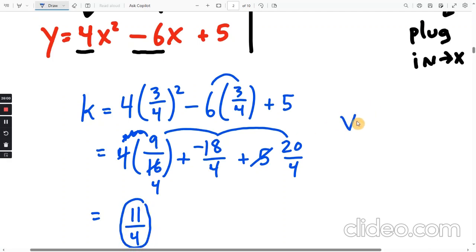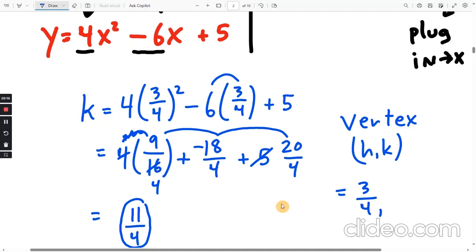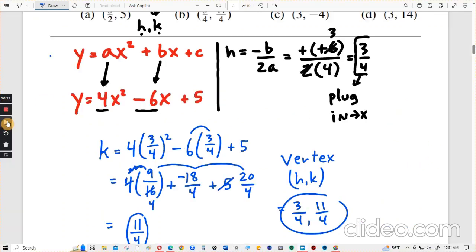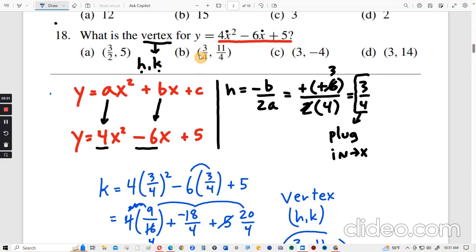So the vertex, we said h comma k. We got 3 fourths for h because that's what we plugged in, and k is 11 fourths. And that is answer B.